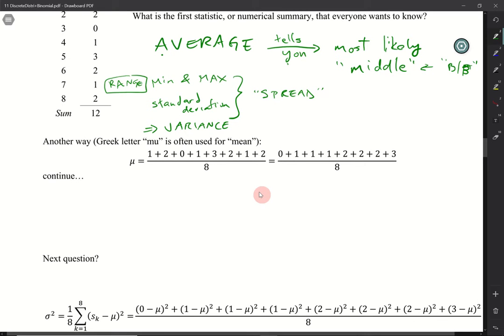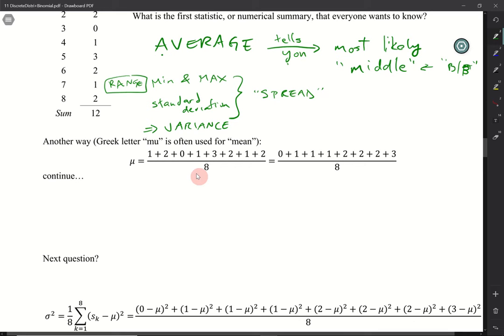So how do we calculate this mean? What we can do to get the mean or the average is basically add them all up and divide by the number that were there. That's usually what people do.